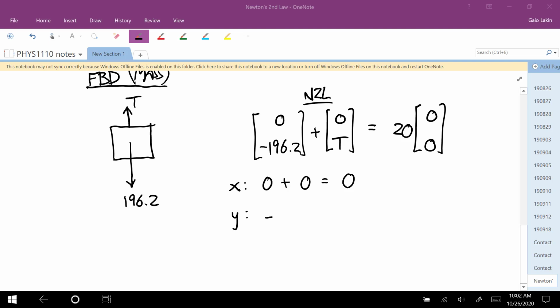And that says negative 196.2 plus T is equal to 20 times 0, so 0. And now we have an equation that we can just solve for T. T is equal to 196.2 newtons.